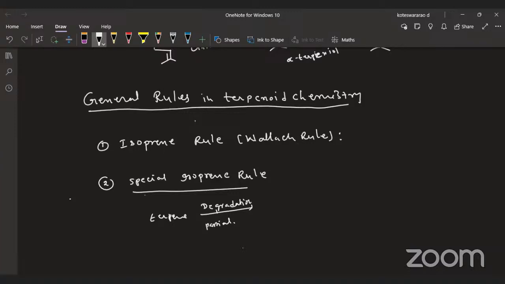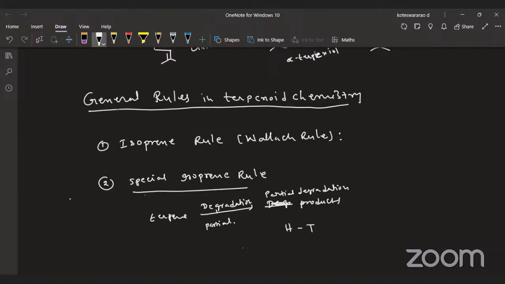These are the degradation products, the partially degraded products. In the partial degradation products, the isoprenes are linked in a head to tail manner.